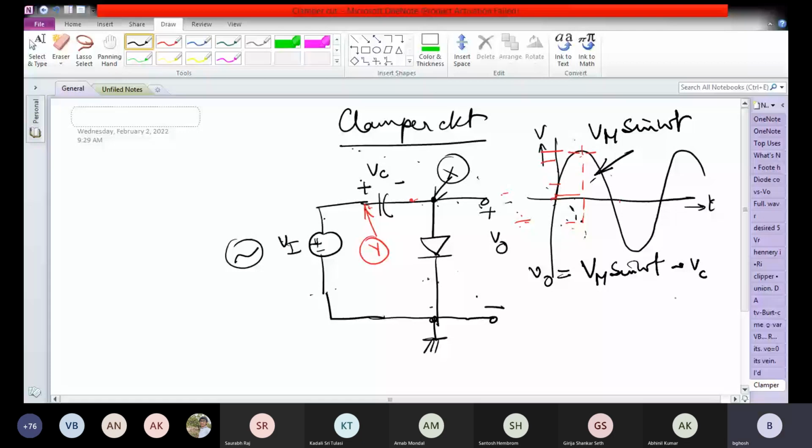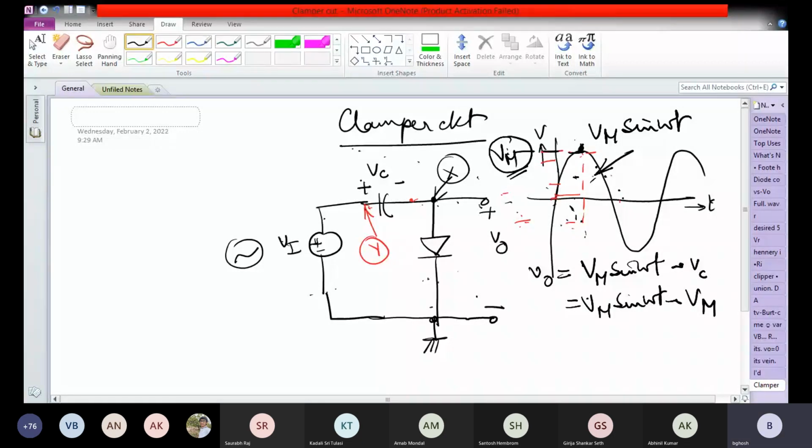So that will be Vm sine omega t minus Vm, because the capacitor has charged to the maximum voltage Vm. So this is the voltage across the capacitor at the end of the first quarter cycle.